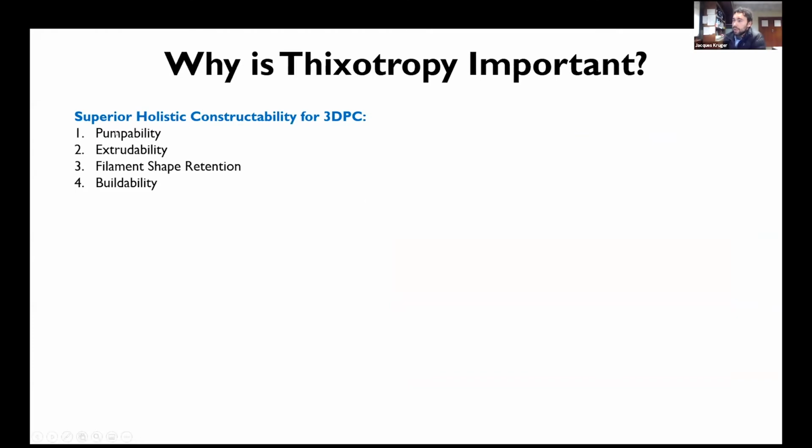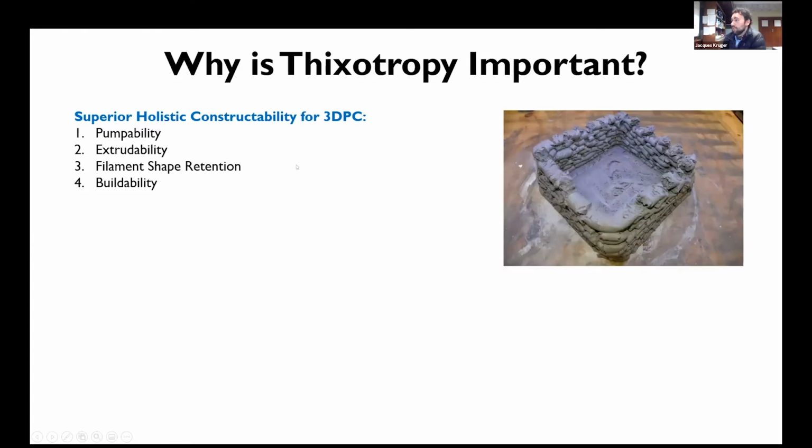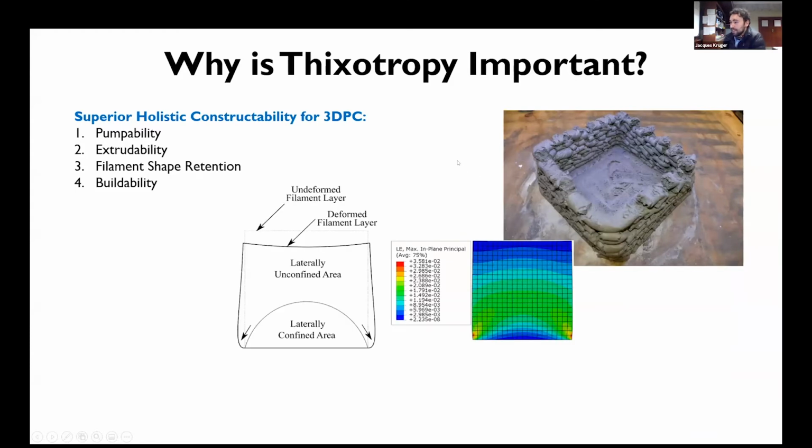You should already know the first one, pumpability, obviously, but also extrudability, which is just a consequence of pumpability. And if you look at this, this is a prime example of what you do not want to achieve. This is not a thixotropic material. It's terrible, but it's a good photo to illustrate what you do not want to get. Then you also want filament shape retention. As soon as you deposit the filament onto the board or onto a previous filament, you have the original undeformed layer, and under its own self-weight you get this deformed shape.